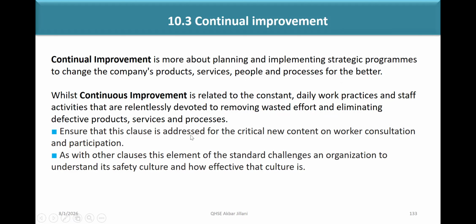Ensure that this clause is addressed for the critical new context on worker consultation and participation. As with other clauses, this element of the standard challenges an organization to understand its safety culture and how effective the culture is.